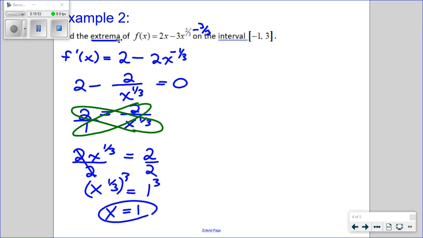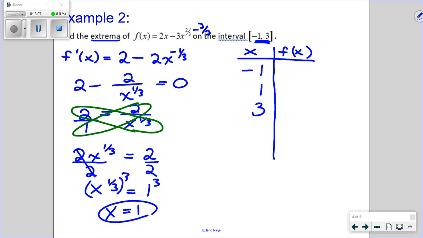All right, so then we're going to set up our table of values. X, f of x. We're going to include our endpoints and our critical number. And then we're just going to plug these into the original function.